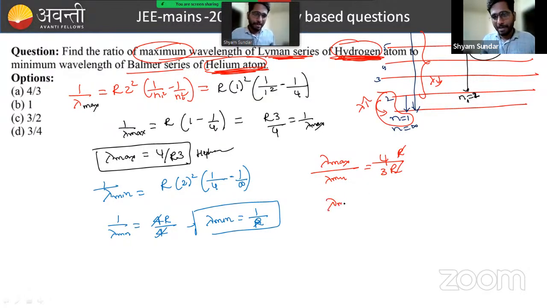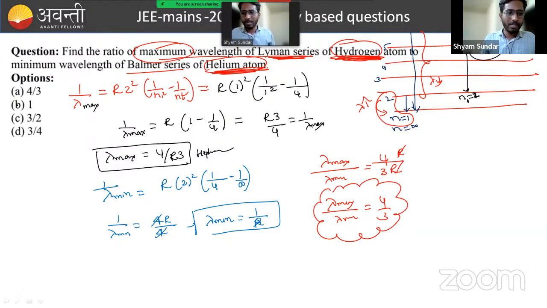Hence lambda maximum to lambda minimum is 4 by 3. Am I clear to everyone? Let me know in the chat box. Hence the correct option is A. Let me know in the chat box quickly. Is it clear for everyone? Those who are watching on YouTube, you can drop your doubts, anything, in the live chat box.